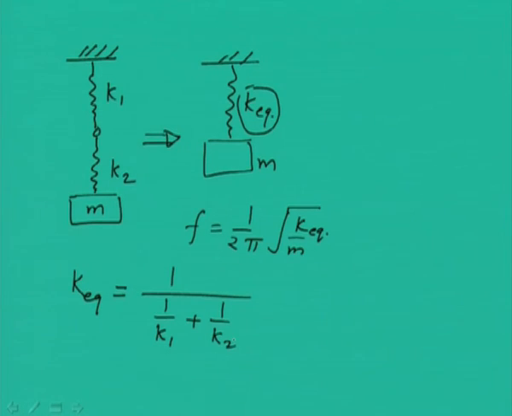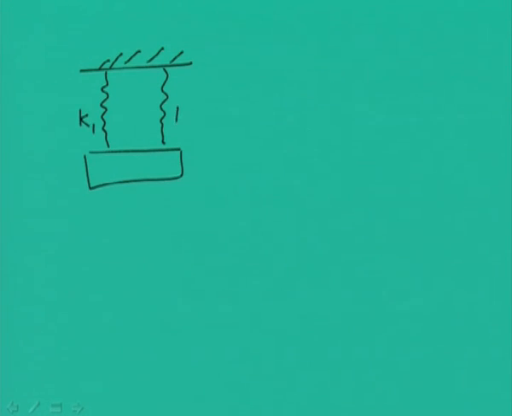and if we have another system in which springs are connected like this, K1 and K2, with the mass here.